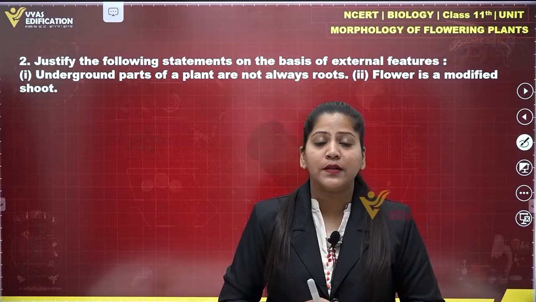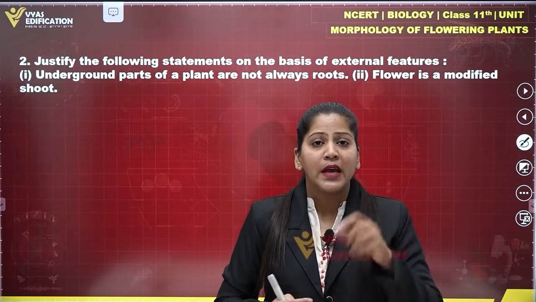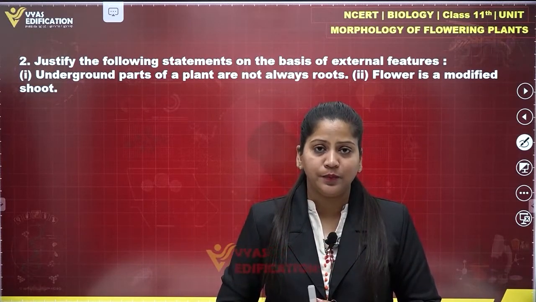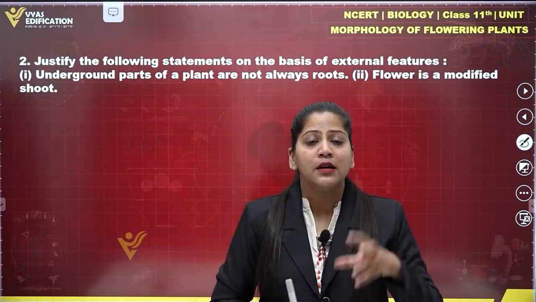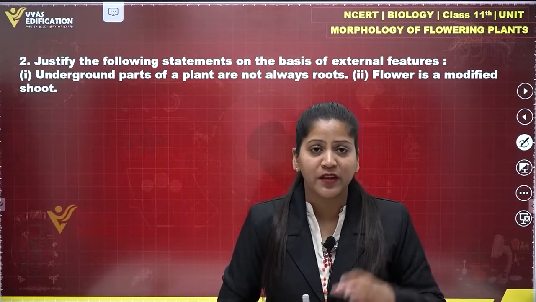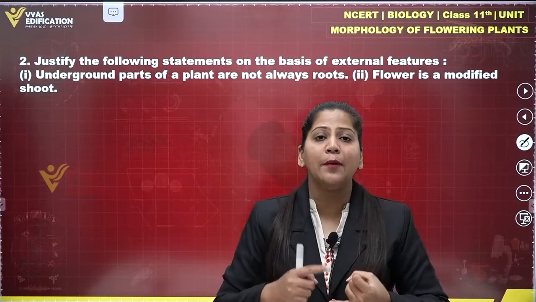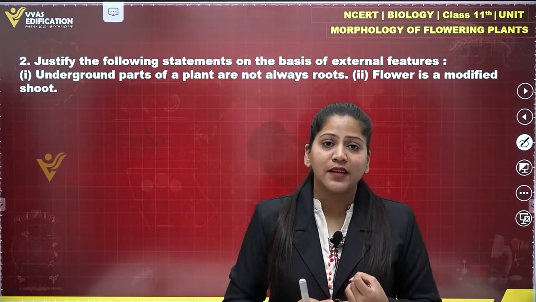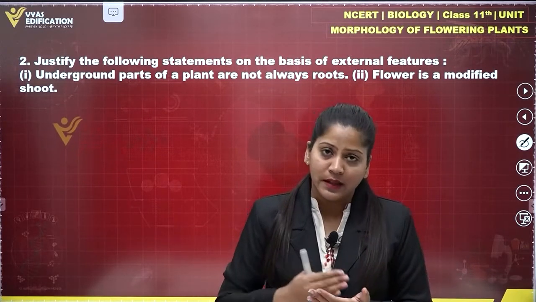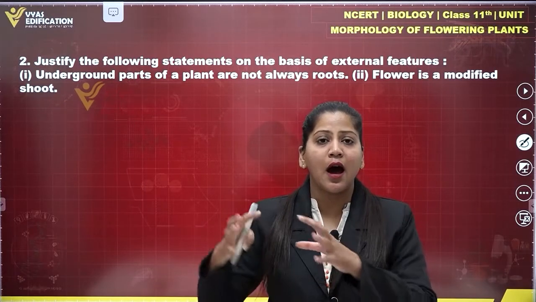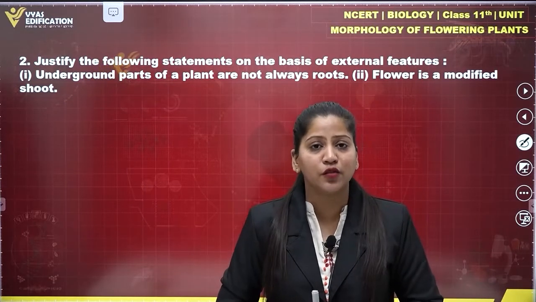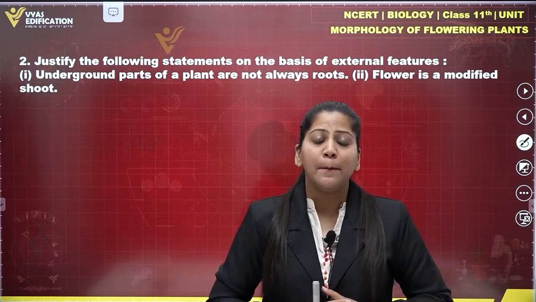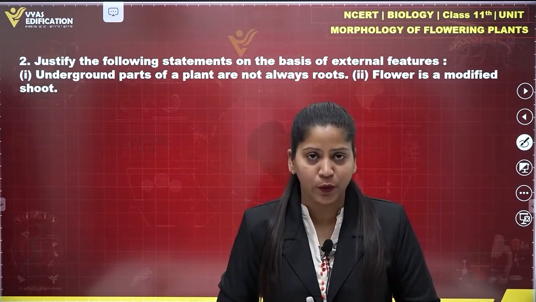If we talk about the examples, then in ginger and banana, the underground part is stem. The stem is underground in ginger and banana, and the stem is swollen because of storage of food.